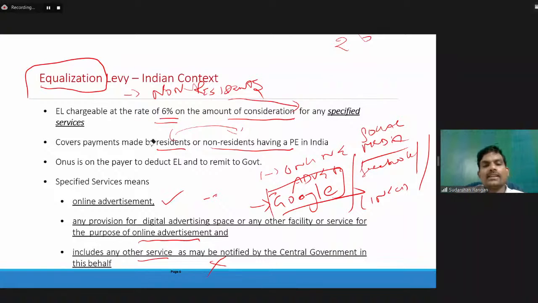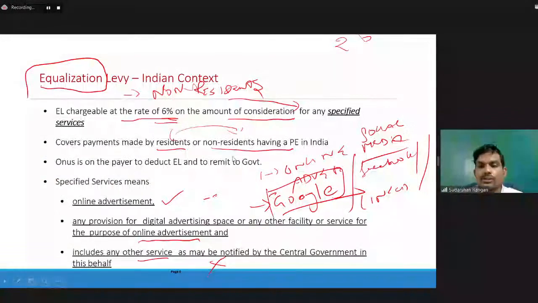So equalization levy, again I repeat, covers payment made by residents to non-residents who are providing online advertisement services. And if these conditions are there, equalization levy will be chargeable at the rate of 6% on the amount of consideration.